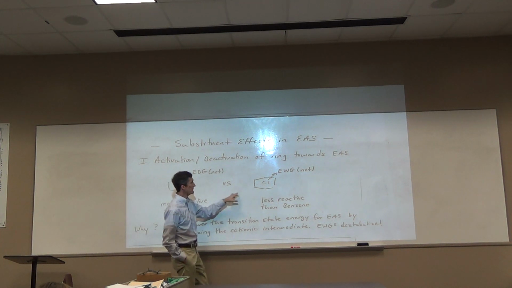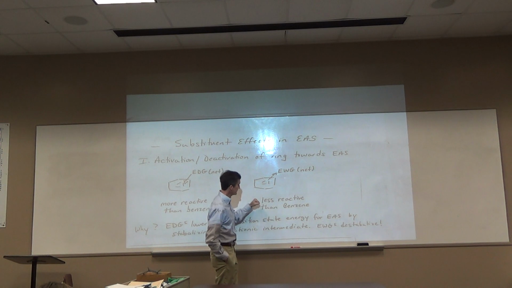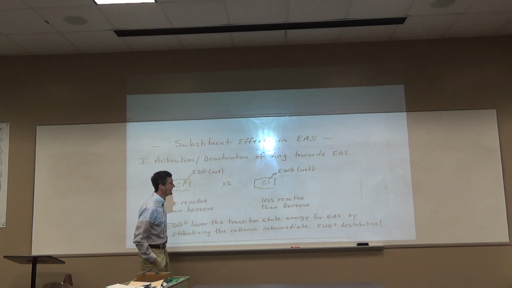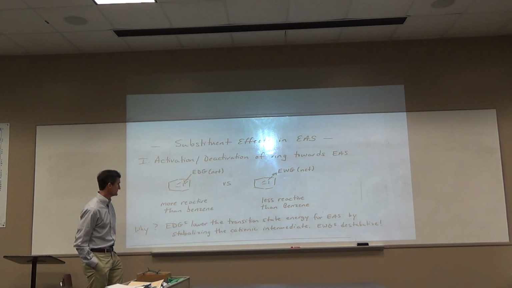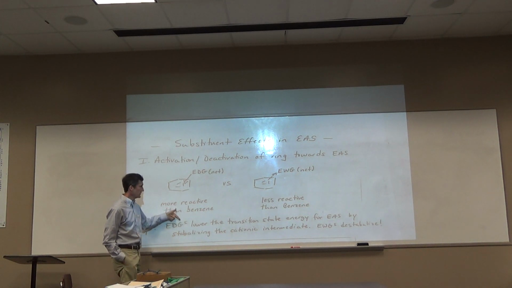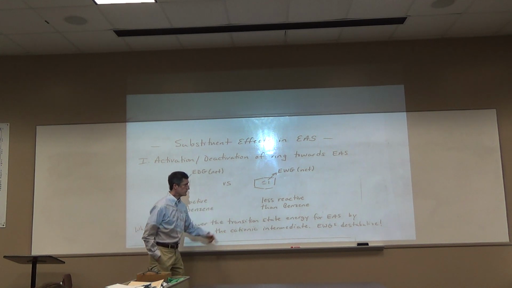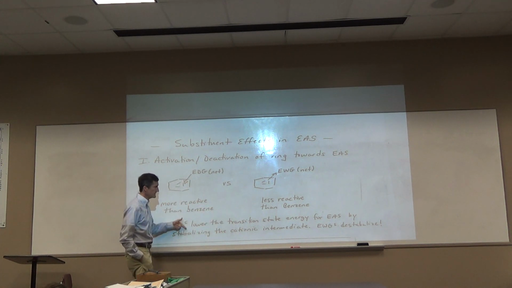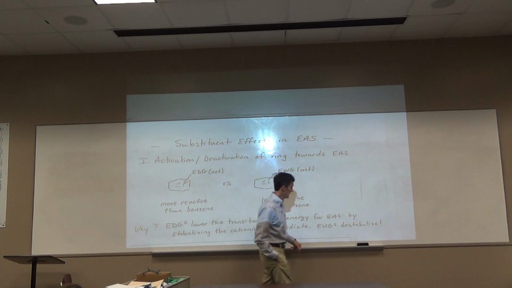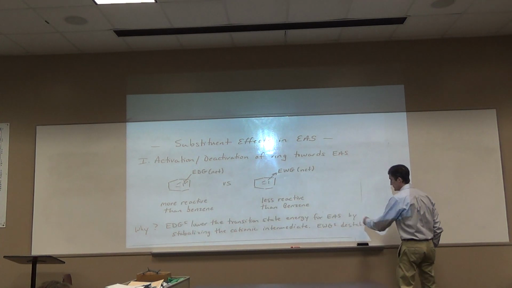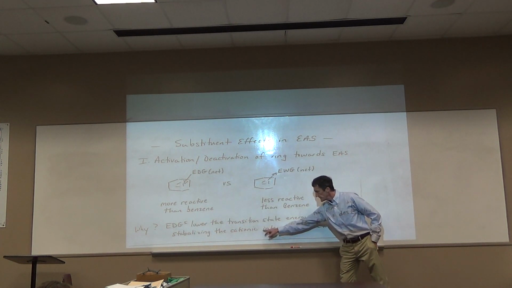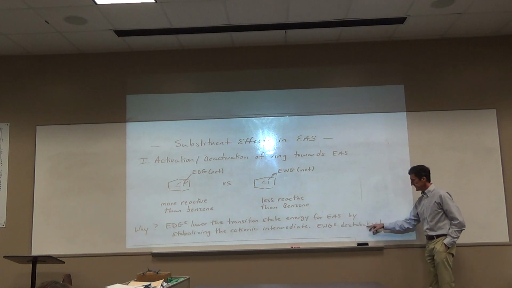If you have a net electron withdrawing group, this is going to be less reactive than benzene towards an EAS mechanism. Ultimately, electron donating groups lower the transition state energy for EAS by stabilizing the cationic intermediate. Electron withdrawing groups do not stabilize cation intermediates. Electron withdrawing groups destabilize.